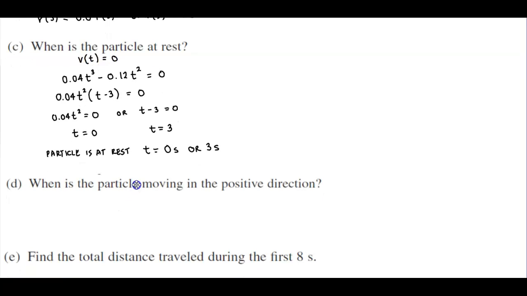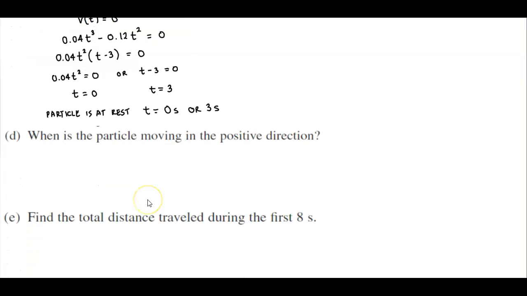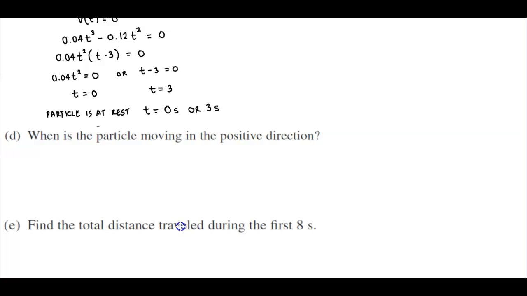The next question says, when is the particle moving in the positive direction? In order to determine when it's moving in a positive direction, we need to find when the velocity function is greater than 0. That function is 0.04 t squared times t minus 3, and when is that greater than 0?